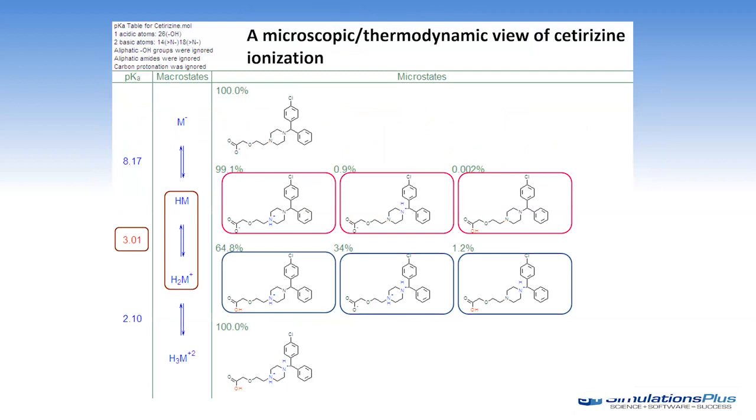So coming back to what I said, the accurate, thermodynamically accurate view of ionization is as follows. All groups participate in transitions between different macrostates. Carboxyl group, this nitrogen, all of them participate.